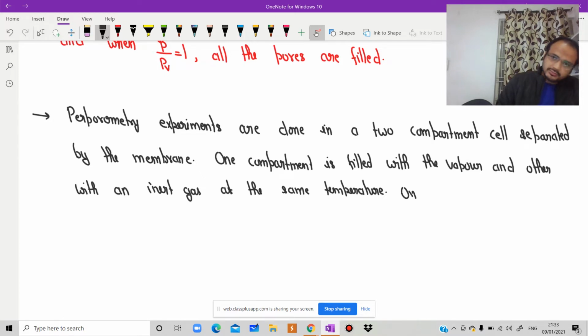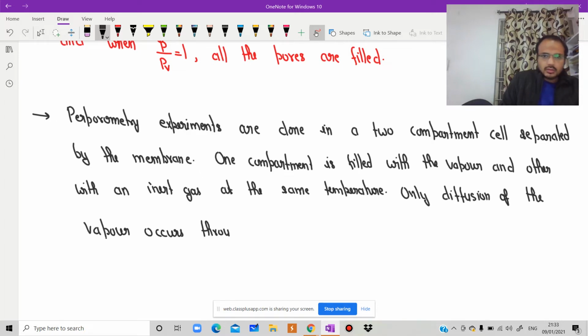Only diffusion of the vapor occurs through the pores.